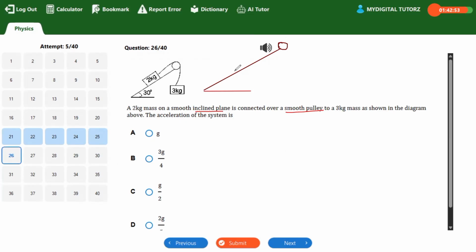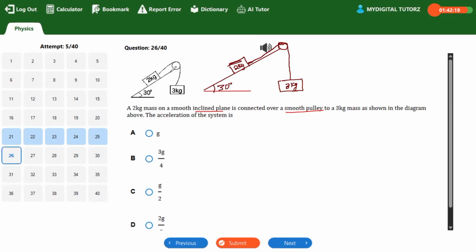And we have this body of 2 kg on the inclined plane. The body is 2 kg, that is the mass. And connected through a string over this pulley to another body of mass 3 kg, right? Good. And this is at an angle of 30 degrees.